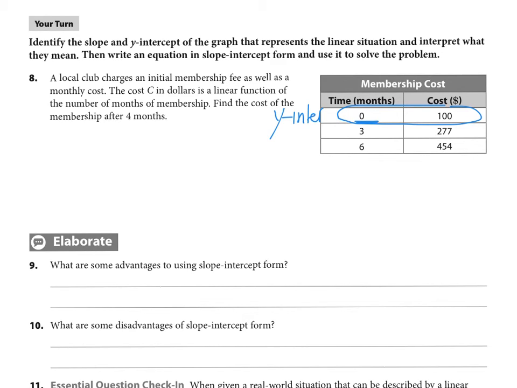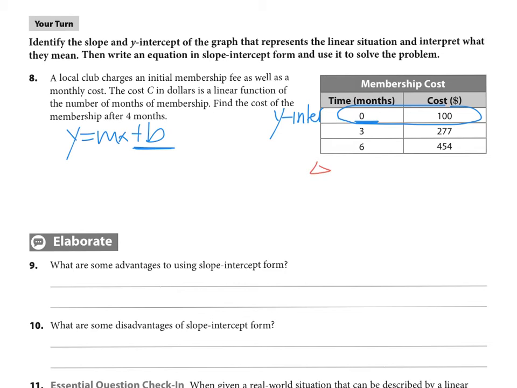Starting point, initial value, starting cost, 0 term, y-intercept, all the same thing. So we have our B here. What do I not have for my equation? I don't have my M, my slope. However, I can find it.